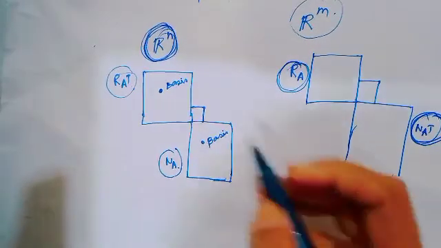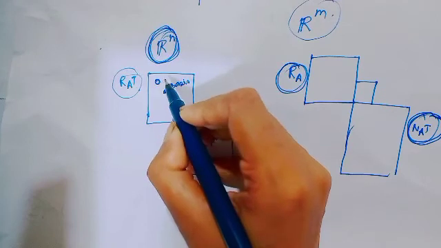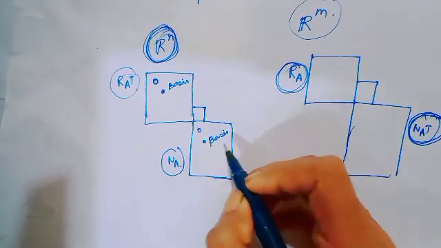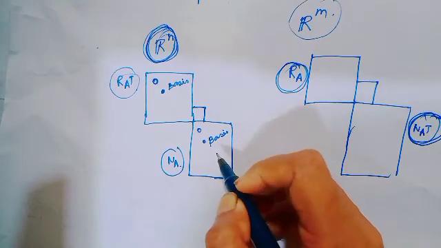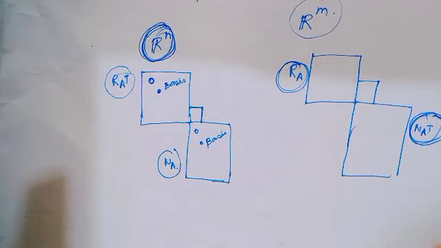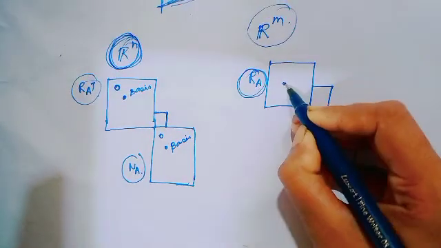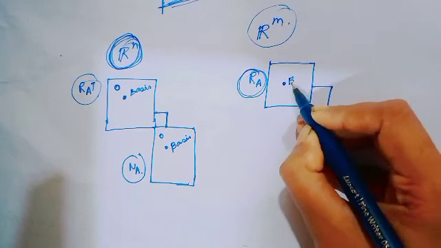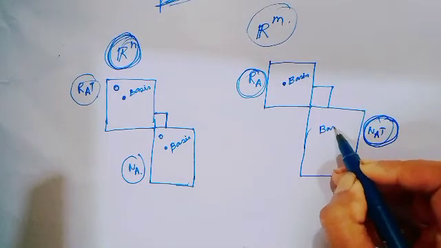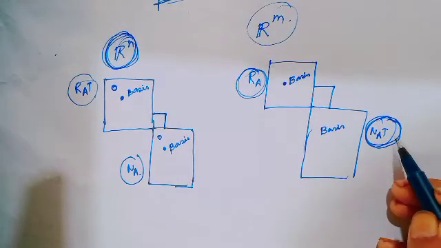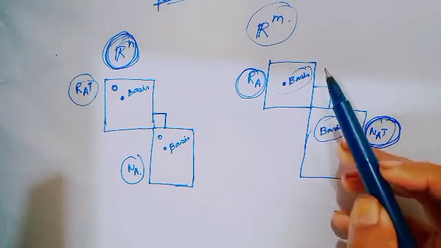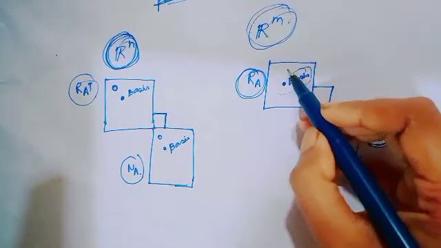Then the orthonormal basis of the range space of A transpose and the orthonormal basis of the null space of A together form an orthonormal basis of Rn. Similarly, the basis of the range space of A and the basis of the null space of A transpose together form a basis of Rm.